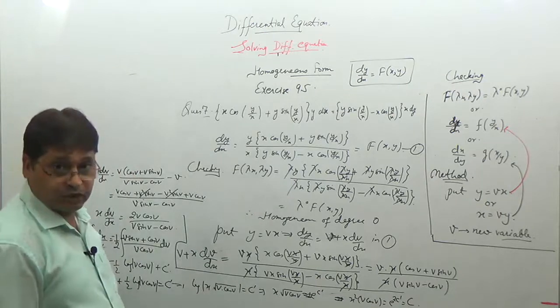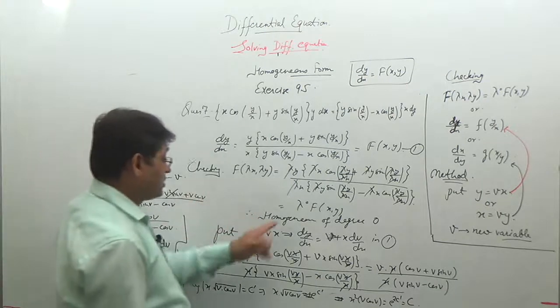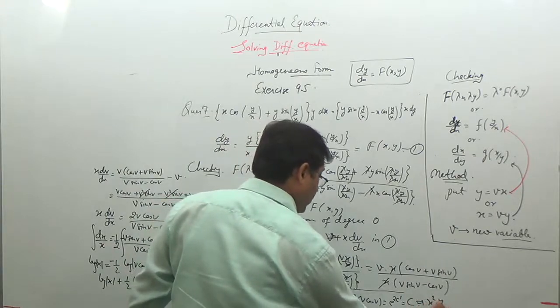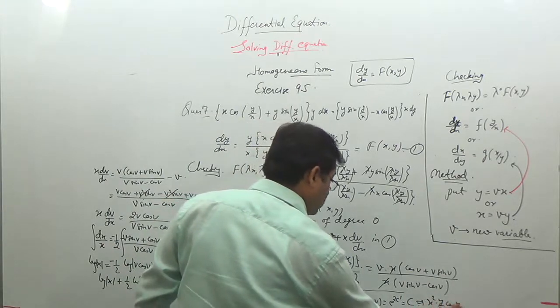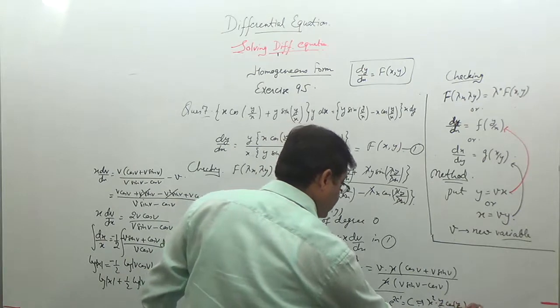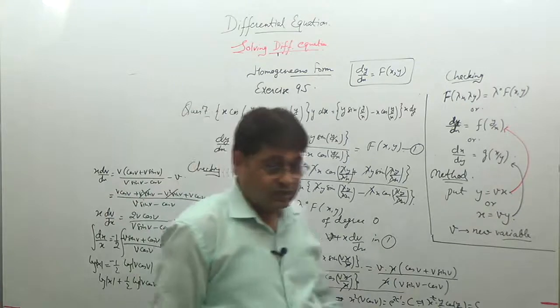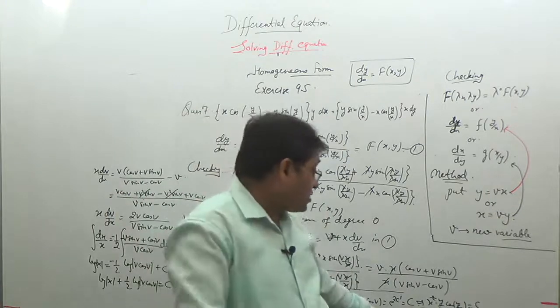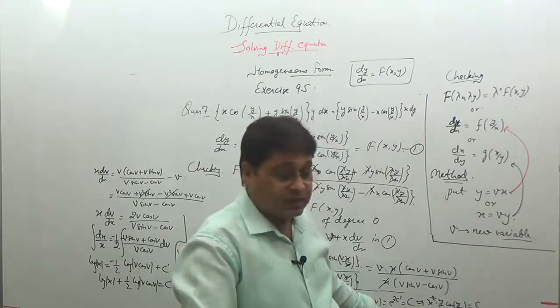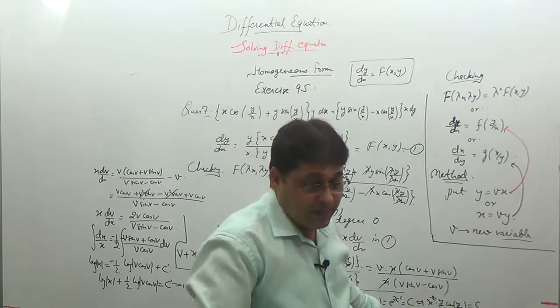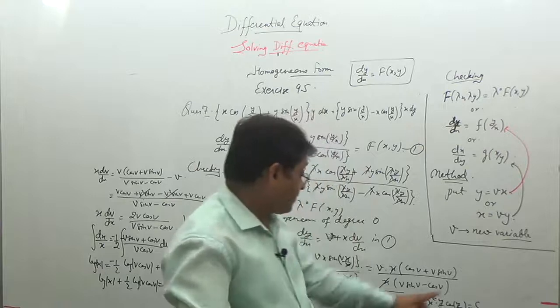Now substitute the value of v, that is y by x, so you will get x square y upon x cos y upon x is equal to c. X will be cancelled with x, so the answer is xy cos y upon x is equal to c. This is your question number 7. Note it down.